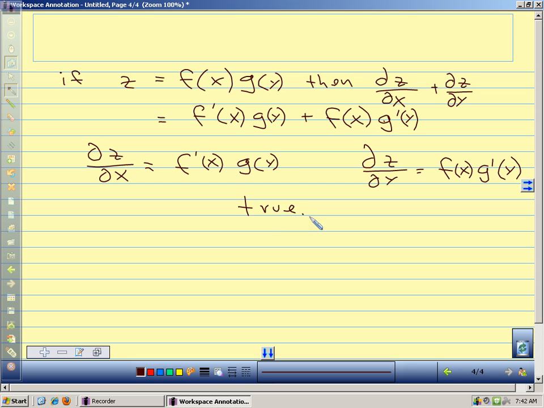All right. The next one: if z equals e to the xy, then the mixed partial of z is xy plus 1 times e to the xy. So basically it's asking you to calculate that mixed partial and see if that's true. So calculate that and see if it's true.